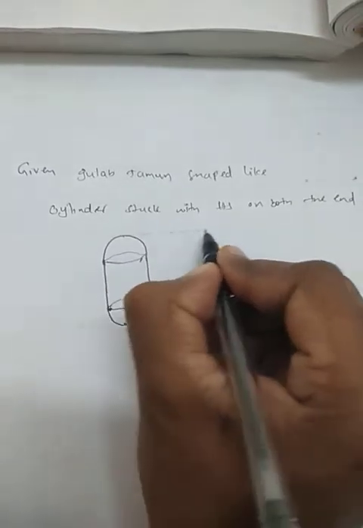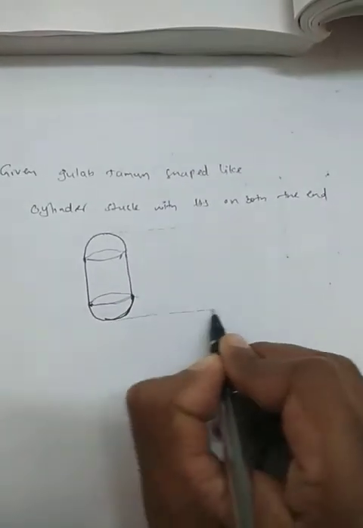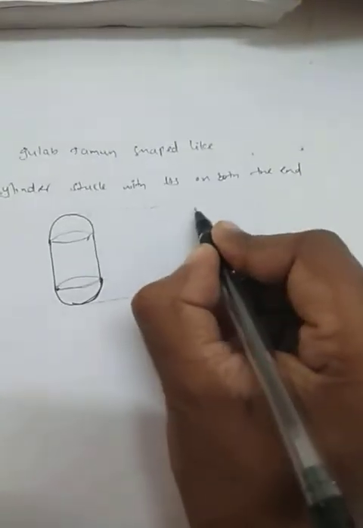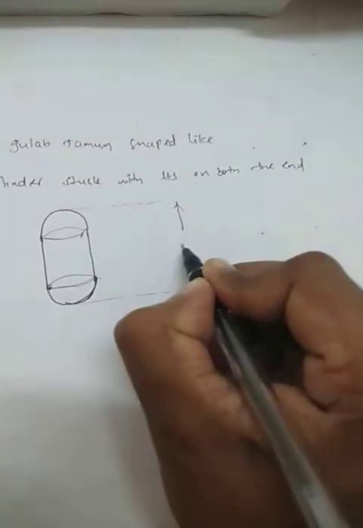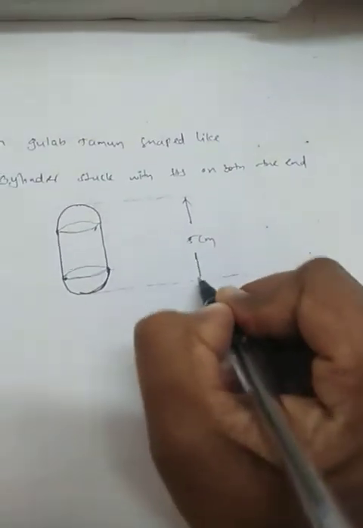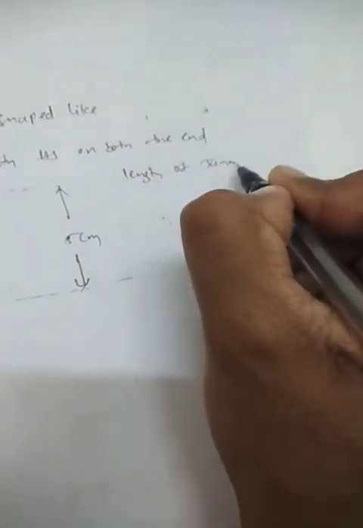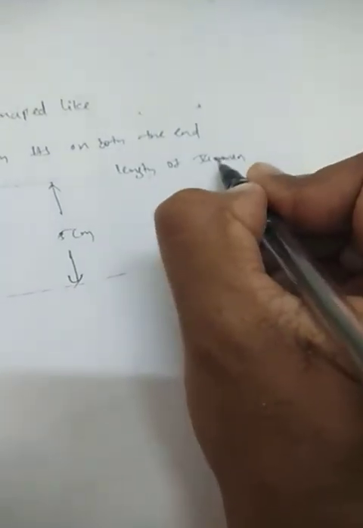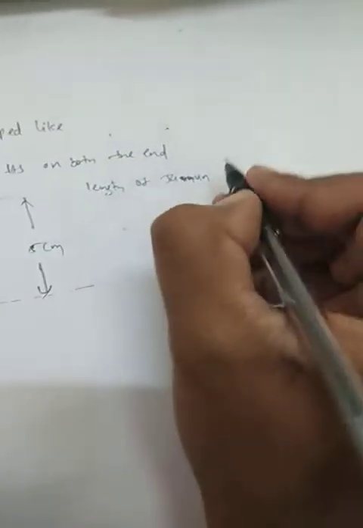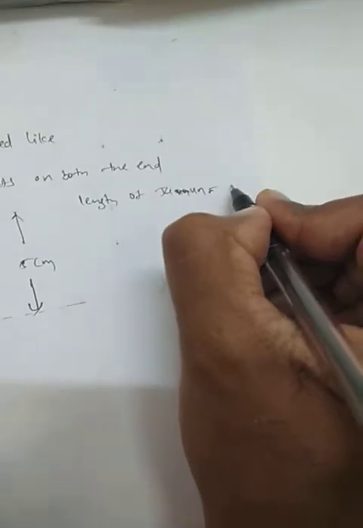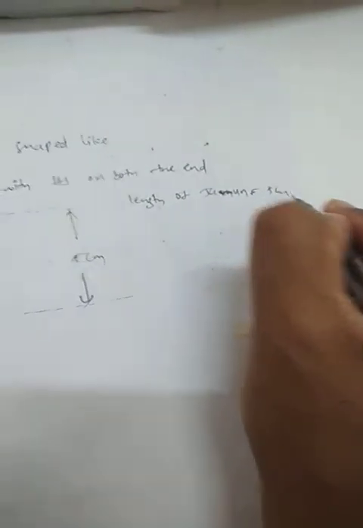Look here carefully, the total length is 5 centimeter. Length of jamun is equal to 5 centimeter.